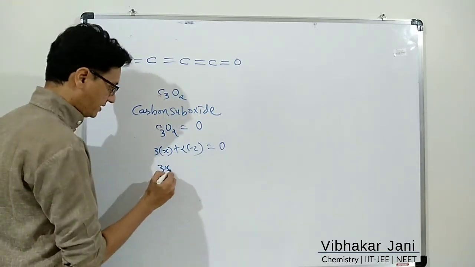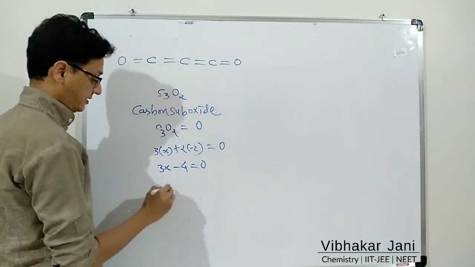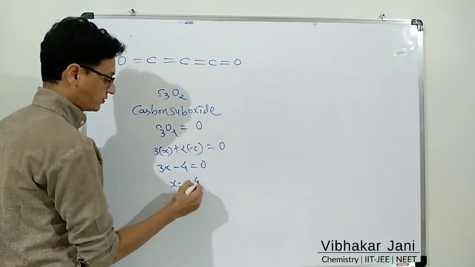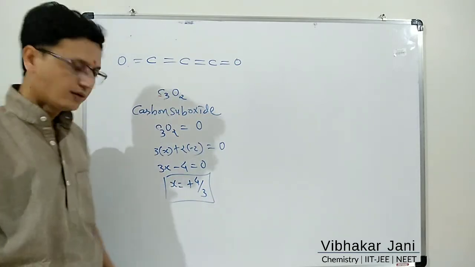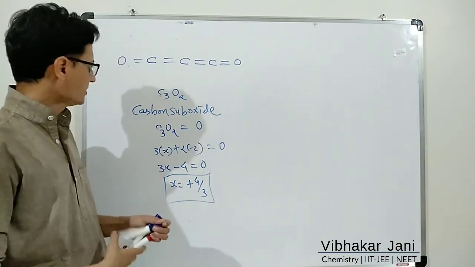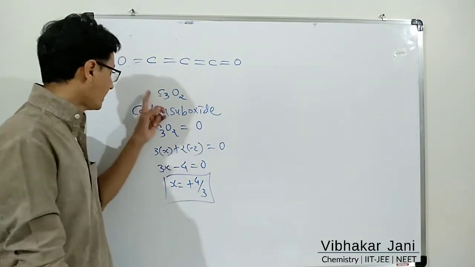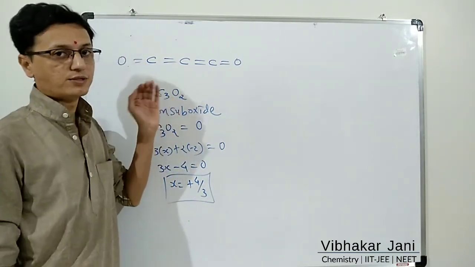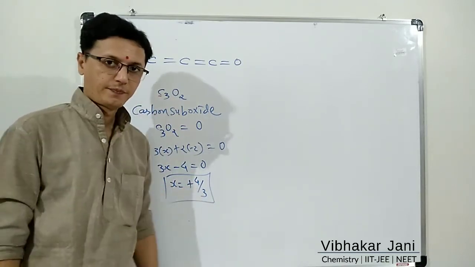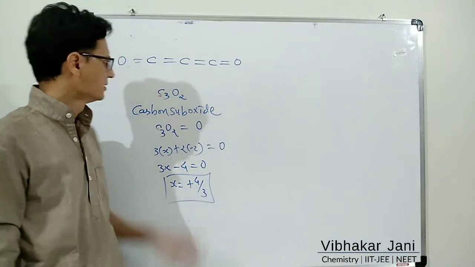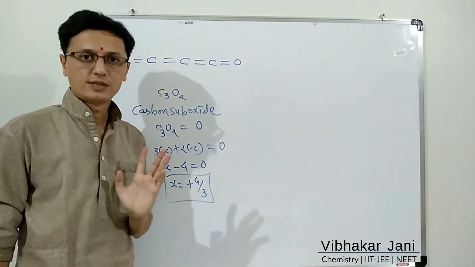That means 3x minus 4 is equal to 0. That means x is equal to plus 4 by 3. So it is a fractional number. So the average oxidation state of carbon in carbon suboxide is plus 4 by 3. That means all carbons do not have the same oxidation state.